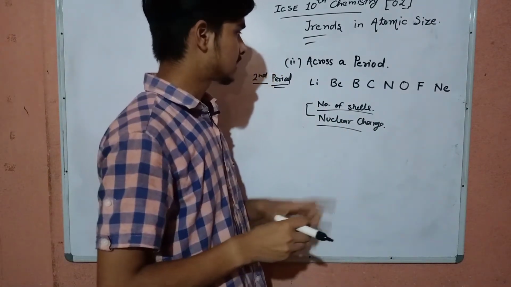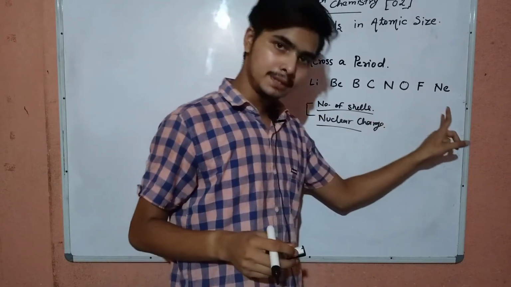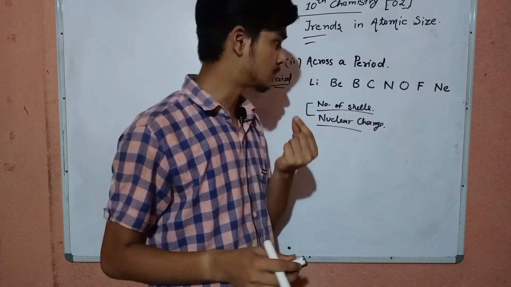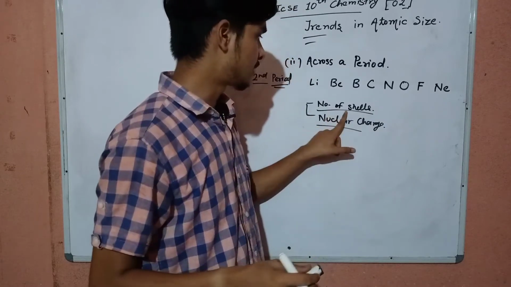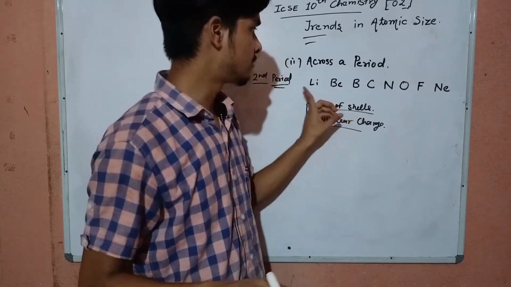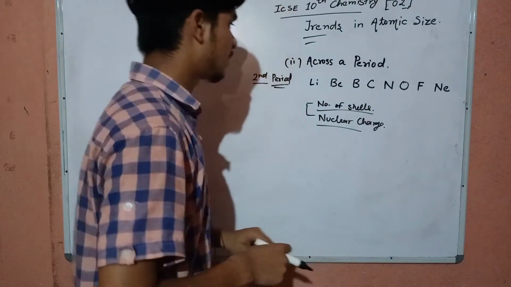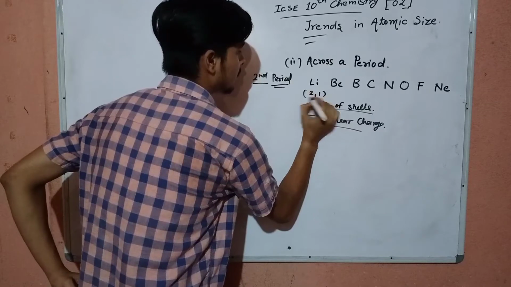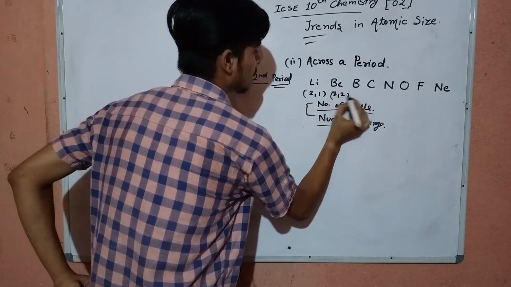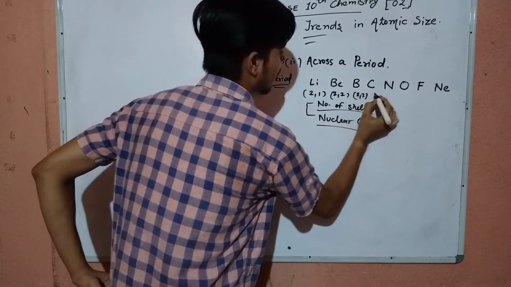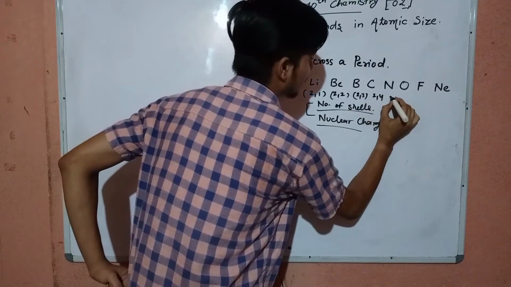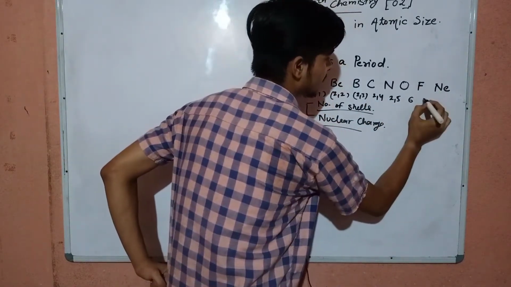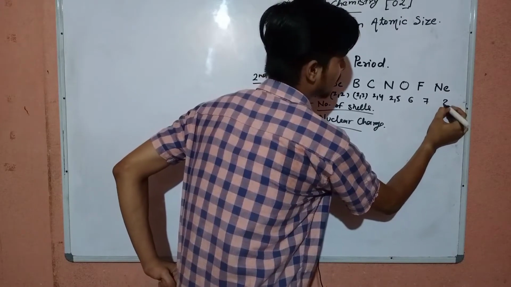First of all, the question should be: when we move across a period, does the number of shells increase or decrease? If you observe, lithium is 2,1, beryllium is 2,2, boron is 2,3, carbon is 2,4, nitrogen is 2,5, oxygen is 2,6, fluorine is 2,7, and neon is 2,8.